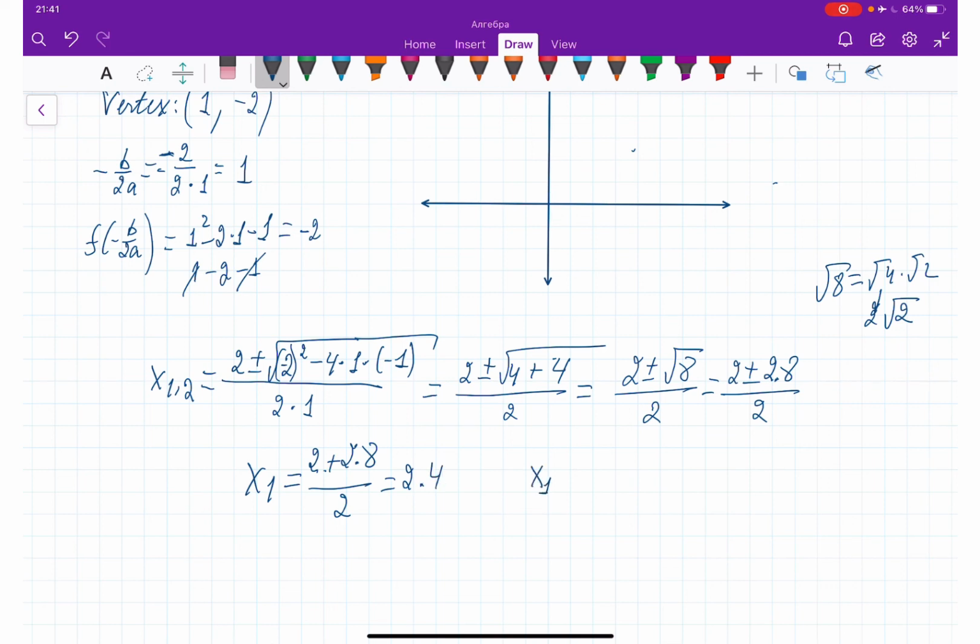And the other one is 2 minus 2.8, which is negative 0.8, and divided by 2 will be negative 0.4.